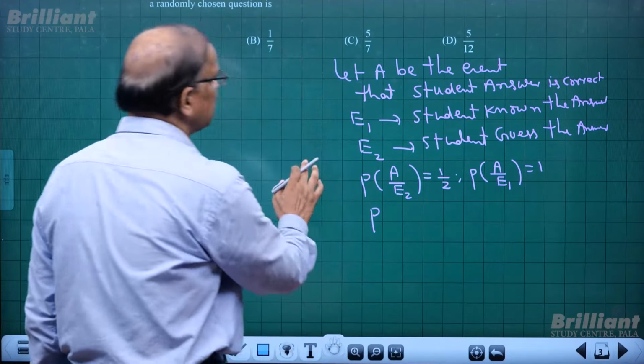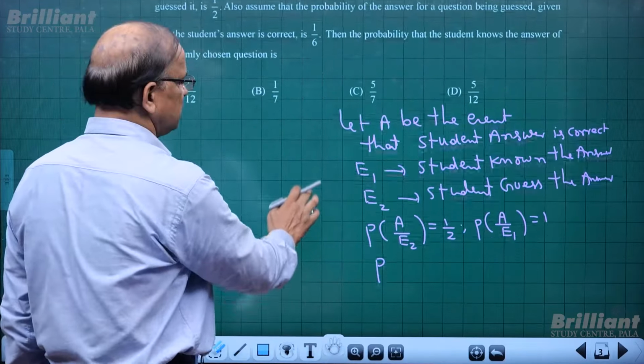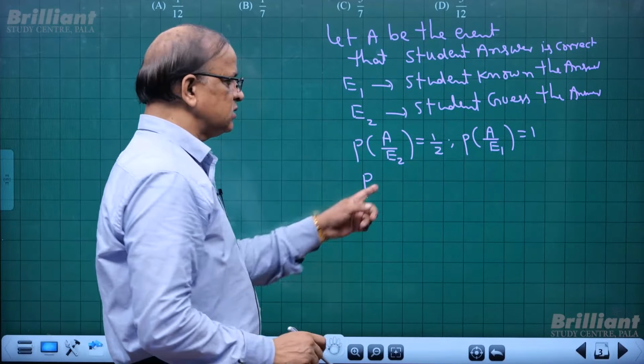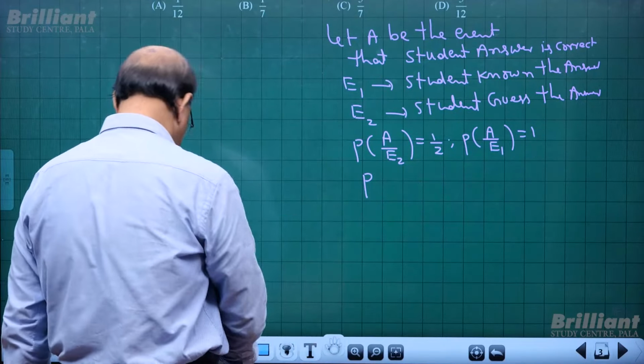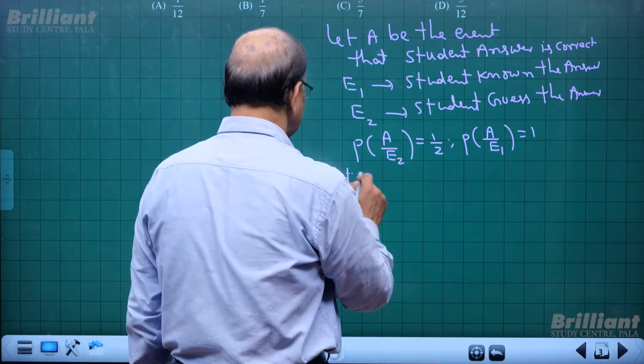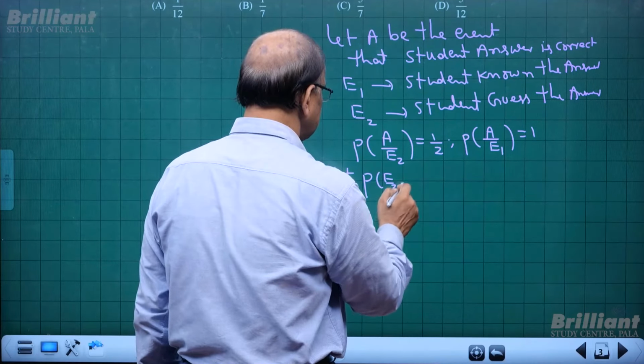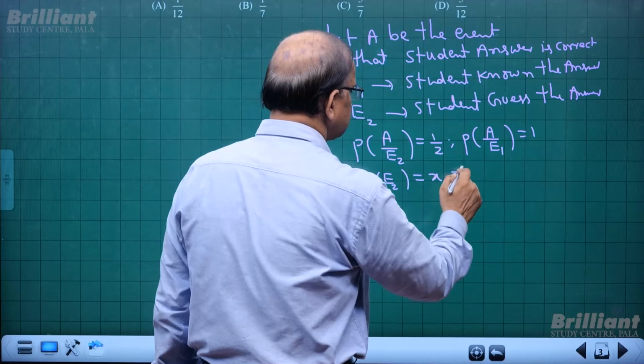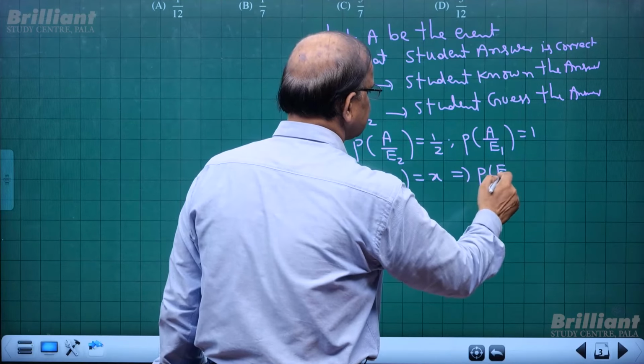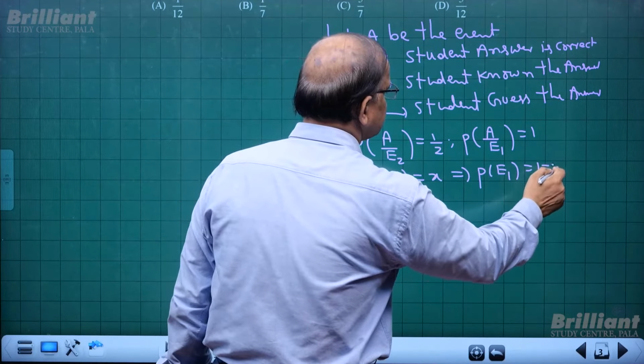P of E1. So let P of E2 be x, which implies P of E1 is 1 minus x, right?